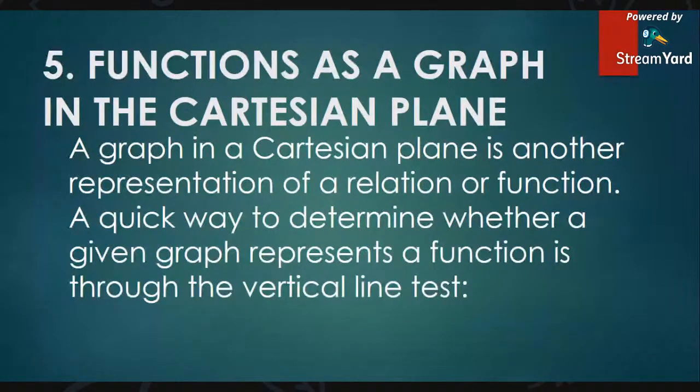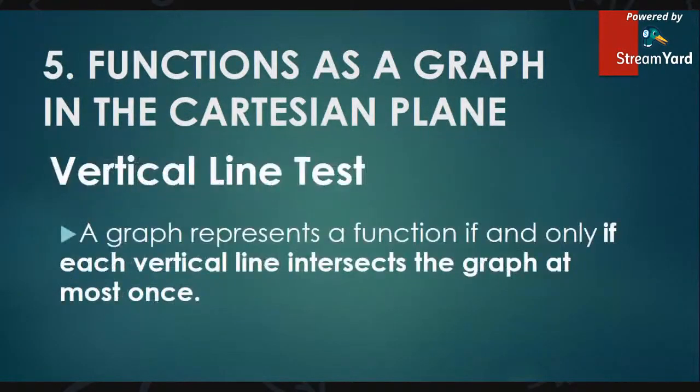I-define muna natin si vertical line test. Vertical line test: a graph represents a function if and only if each vertical line intersects the graph at most once. Ibig sabihin, kapag nag-draw tayo ng vertical line sa graph natin, kapag nag-intersect or tumama siya sa isang point ng graph natin, it is called a function.